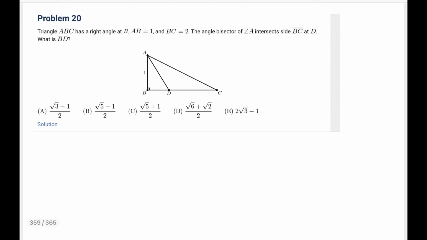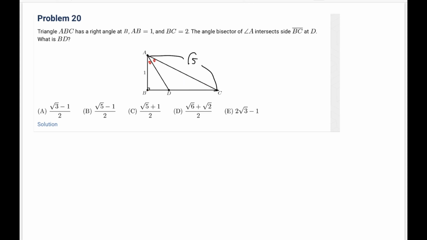Problem 20. Triangle ABC has a right angle at B. AB equals 1. BC equals 2. The angle bisector of A intersects side BC at D. What is BD? Okay, since BC is 2, by Pythagoras we can know that AC is root 5. And since this is an angle bisector, these two angles are the same, so the BD to DC ratio is the same as AB to AC.